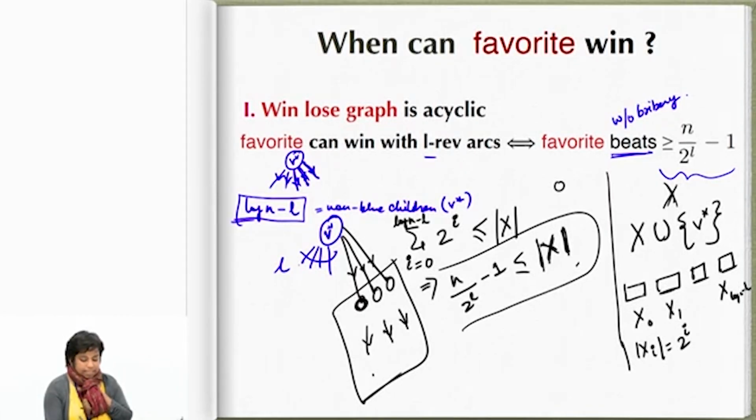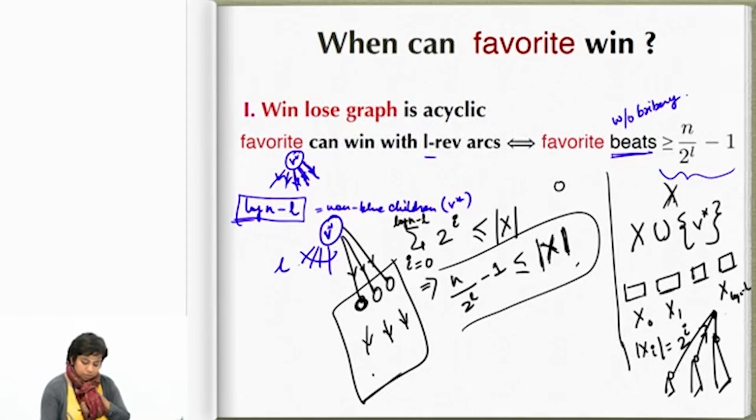Using these subsets of vertices, create some SBA involving these vertices. It does not matter who the root is. No matter who the root is, V star will always beat those people because V star beats all of them. So you create these subtrees, each of increasing size, with their roots being children of V star.